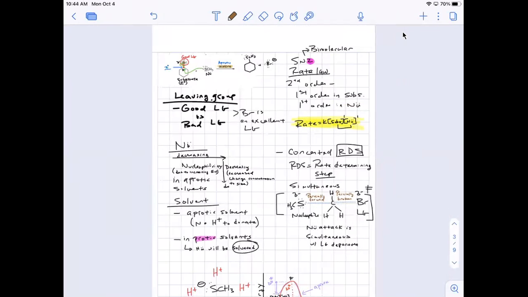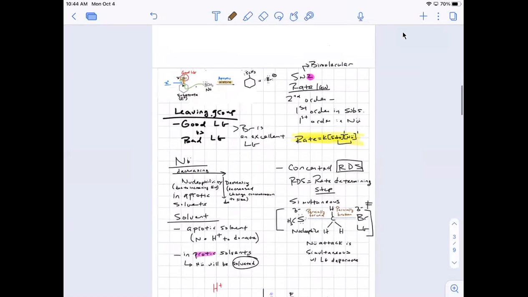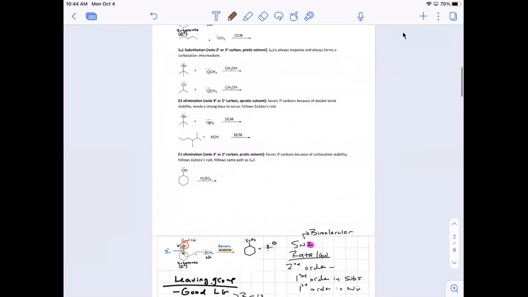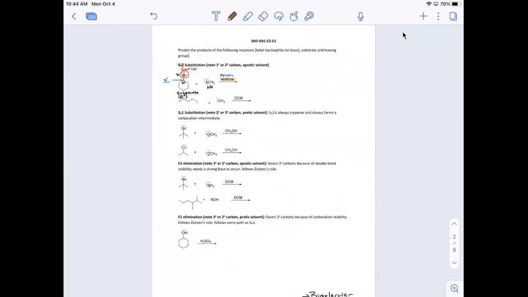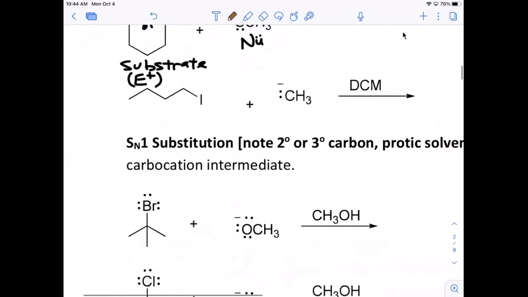Putting the arrows in is one thing, but another thing to understand is what's happening with the rate, how can I increase the rate, how can I decrease the rate, and so forth. All right, so we're going to look at another example. For the second example, we're just going to put the arrows in and put the rate law in and all that stuff.